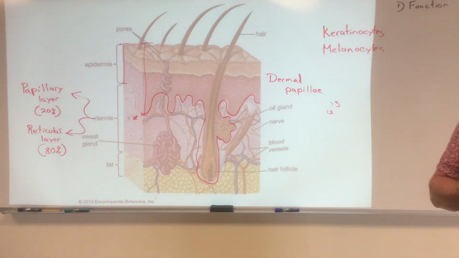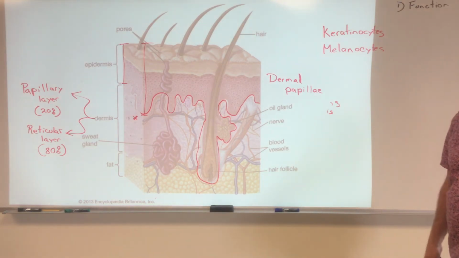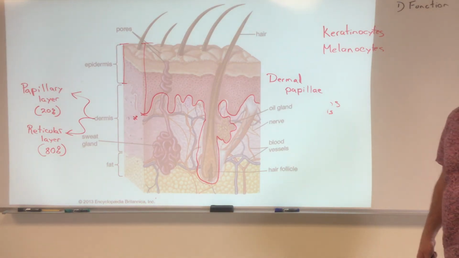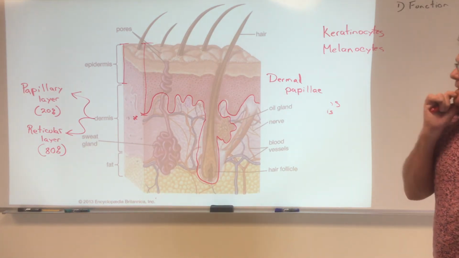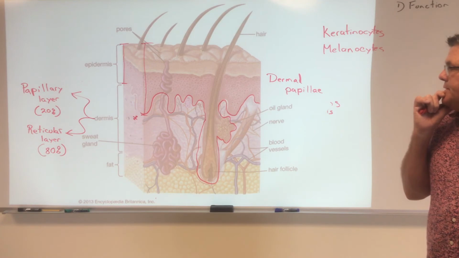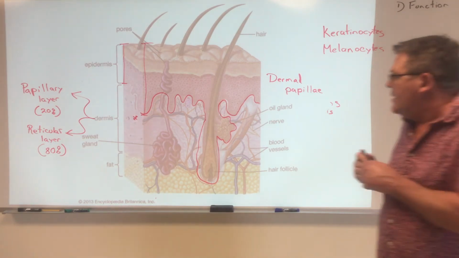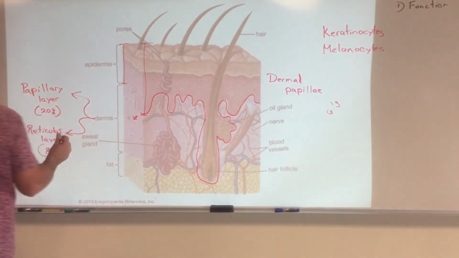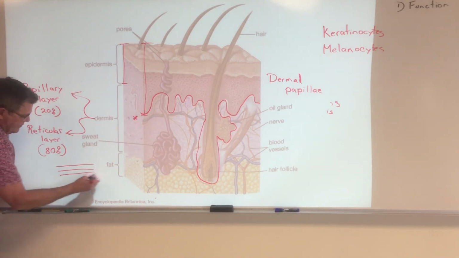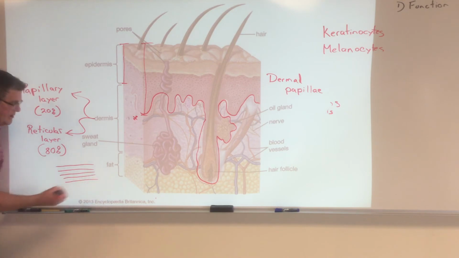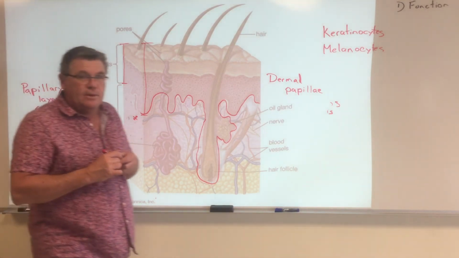Reticular, we have dense connective tissue in the reticular. And I think a couple of things that could be interesting about reticular layers is that we tend to have our collagen fibers going pretty much in one direction, in one plane.